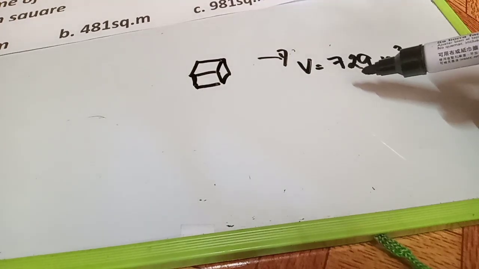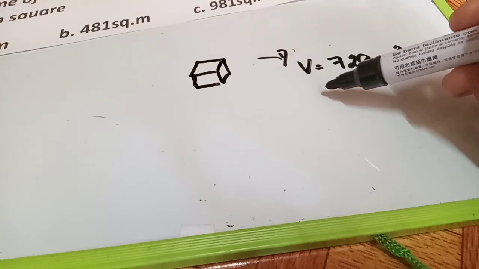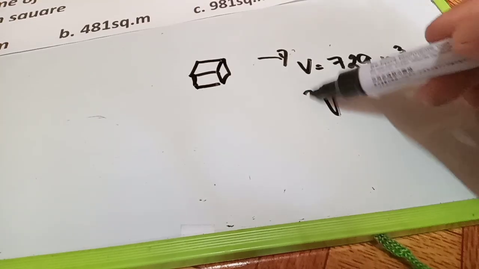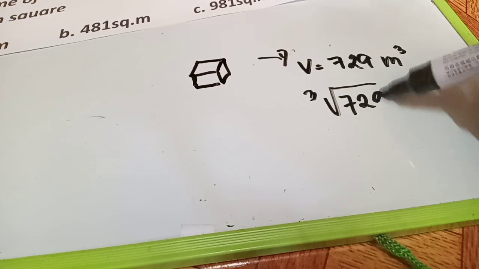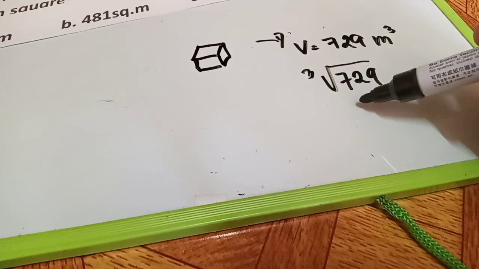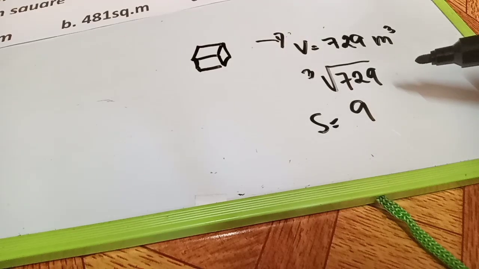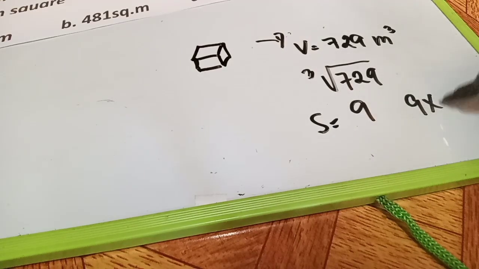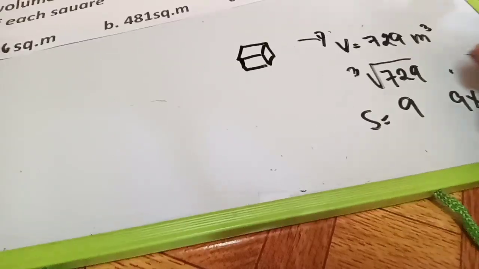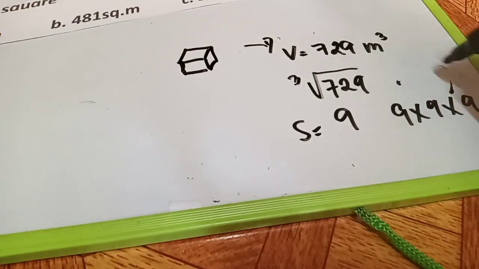So, if you take the cube root of 729, we have 9, right? That will be each side. Because 9 times 9 times 9 is 729.